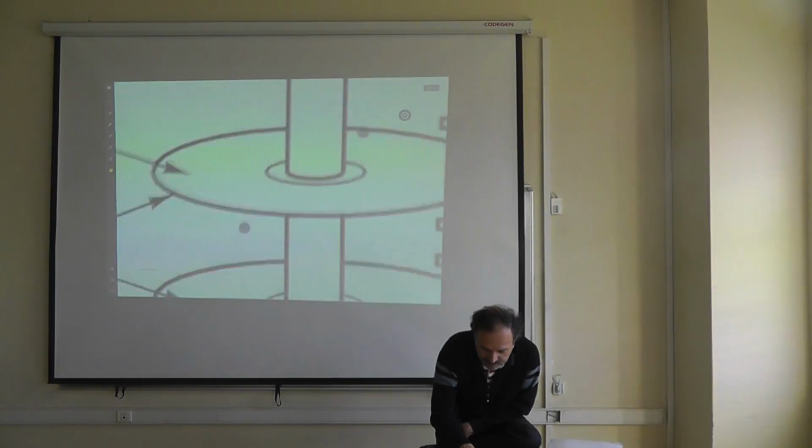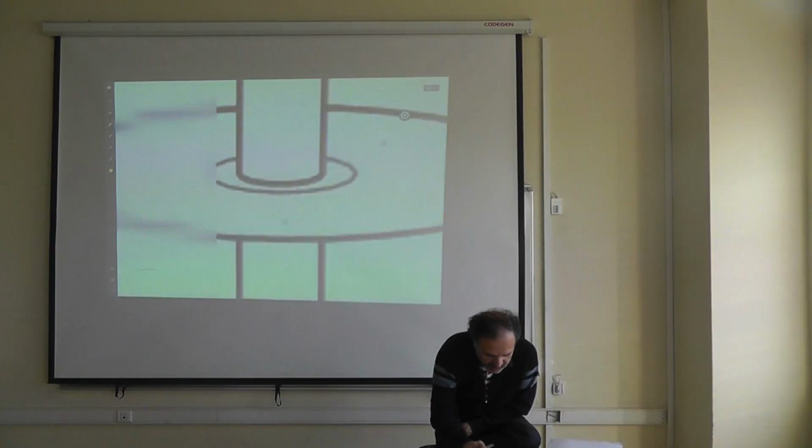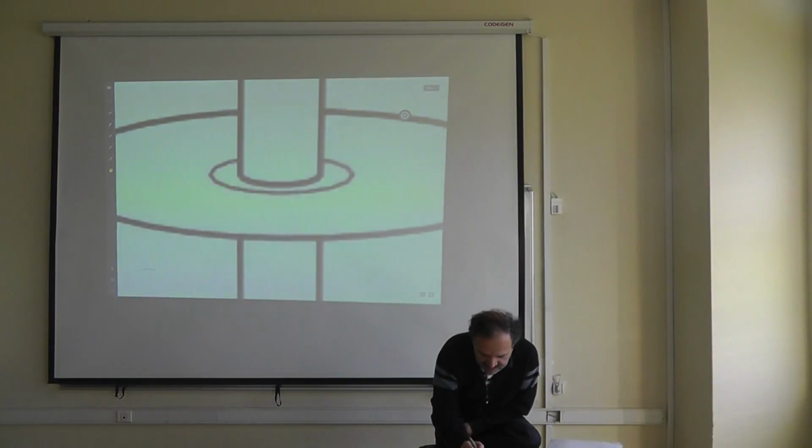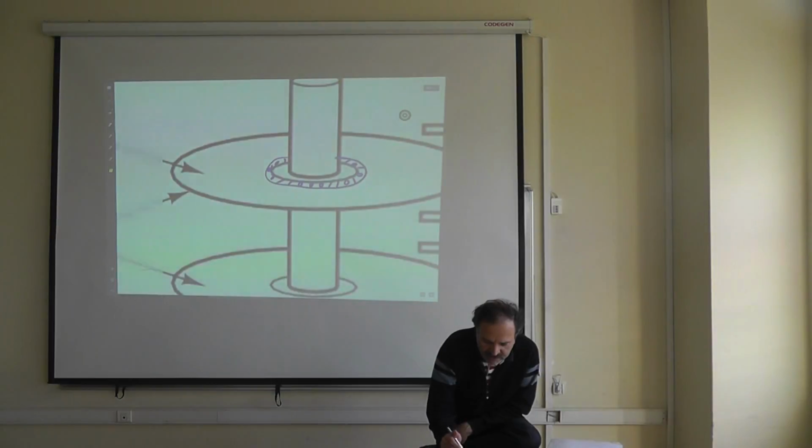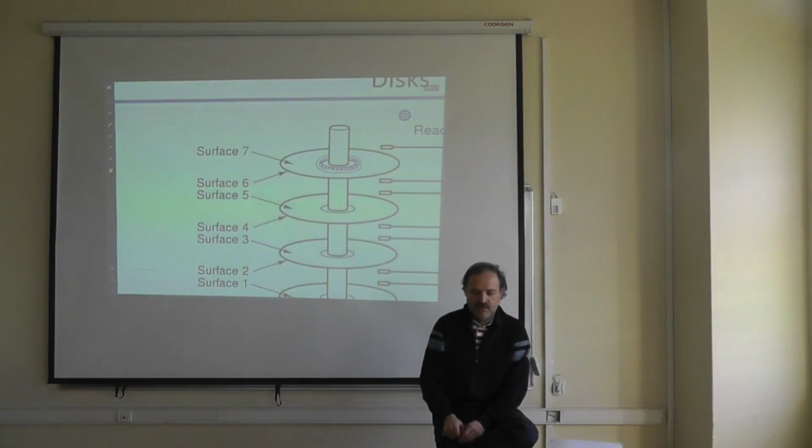As I showed you last time, we said that there are tracks like that, and we have information in these tracks, ones and zeros. So I have this information, concentric rings like that, and there are thousands of them on this surface.